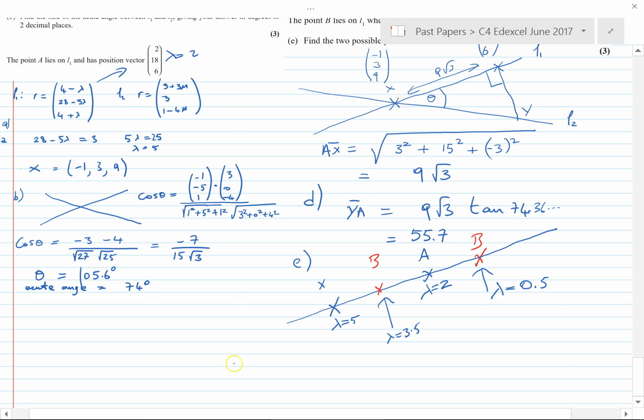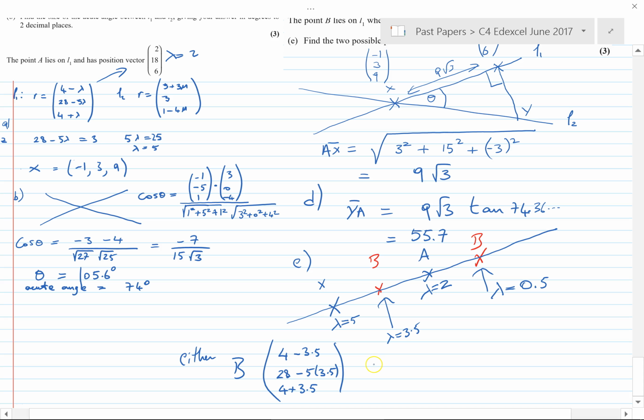So point B, one possibility, is 4 minus 3.5, 28 minus 5 times 3.5, and 4 plus 3.5.